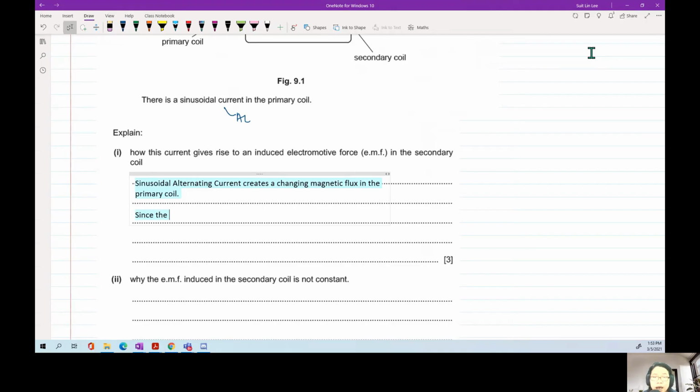Since the iron core links the magnetic flux between the primary coil and the secondary coil, this gives rise to a changing flux in the secondary coil. What you want. The secondary coil also has changing flux. Hence, EMF is induced.